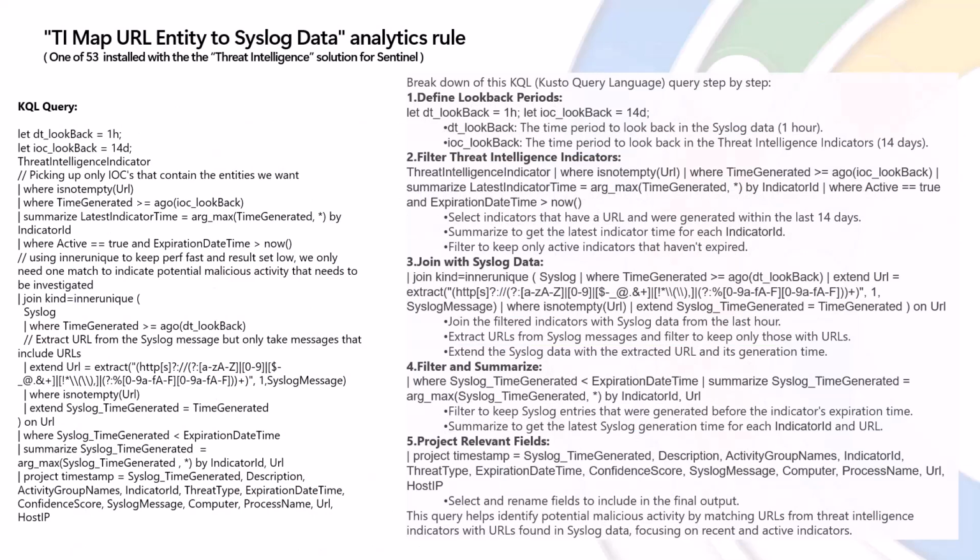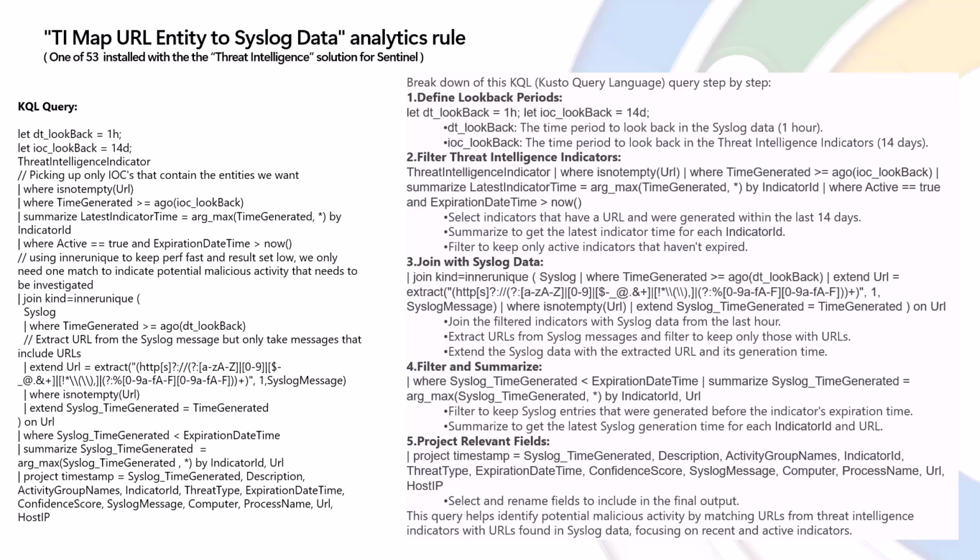Explaining the KQL query in detail is beyond the scope of this presentation, but briefly you can see that it defines lookback periods, selects threat intelligence indicators that are active and have a URL and were generated within the last 14 days. It then joins those filtered indicators with syslog data from the last hour.